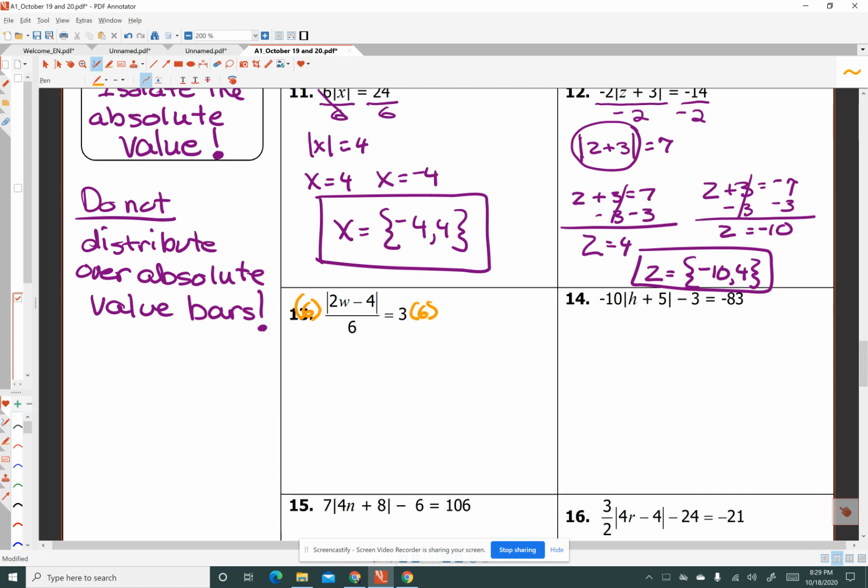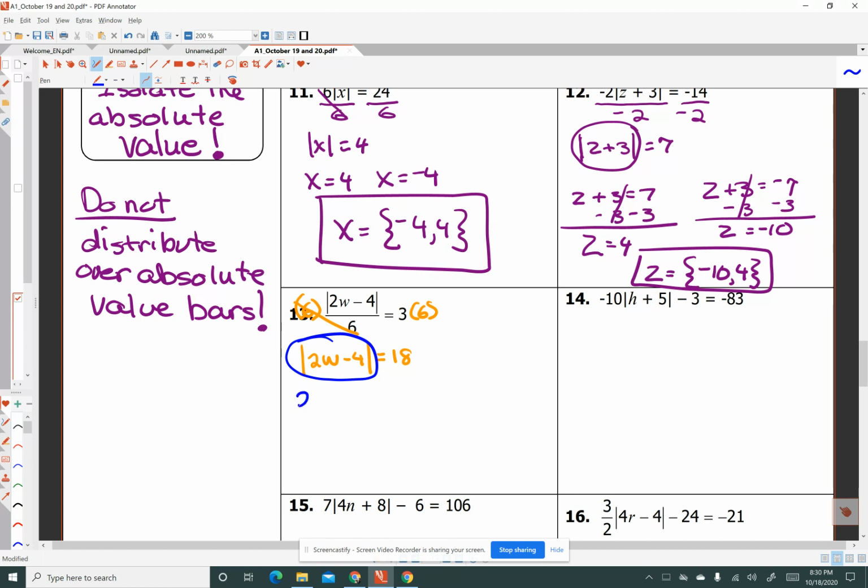Whatever we do to one side of the equation, we do to the other. So now we have the absolute value of 2w minus 4 equals 18. So our absolute value term is isolated. Now we can set that equal to positive and negative 18.